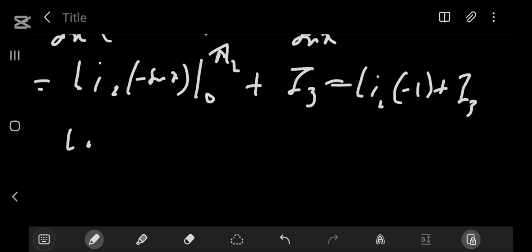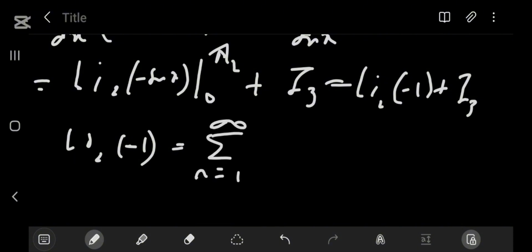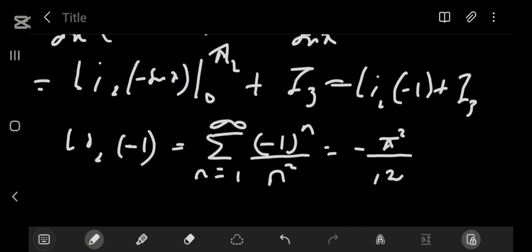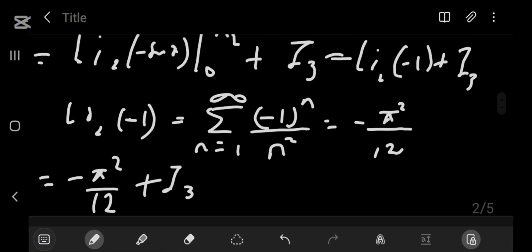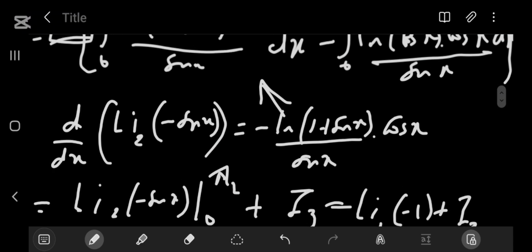Well, Li2 of minus 1 is equal to sigma n from 1 to infinity of minus 1 to the power n over n square, which is minus pi square over 12. You guys should know that. So we can finally say that minus pi square over 12, terribly sorry about that, plus I3.